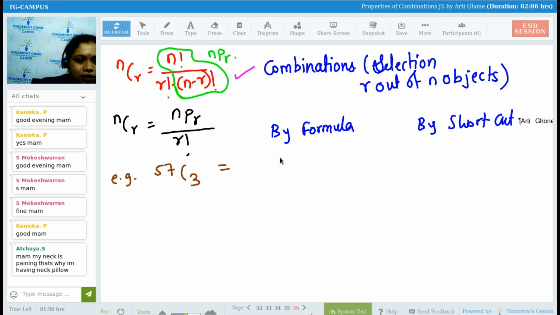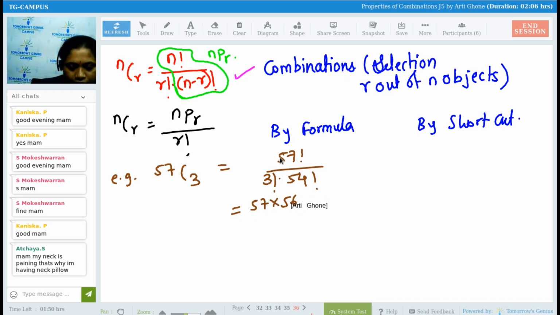What is the calculation by formula? 57 factorial upon 3 factorial into 57 minus 3, how much is it? 54. Right? So we know that 57 into 56 into 55 into 54 factorial upon 3 into 2 into 1 into 54 factorial, and then it comes 3 times 2 is 6.